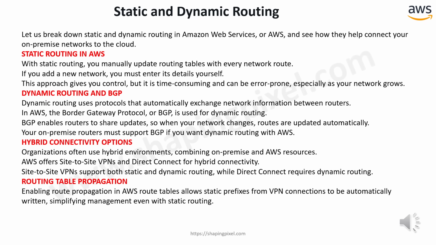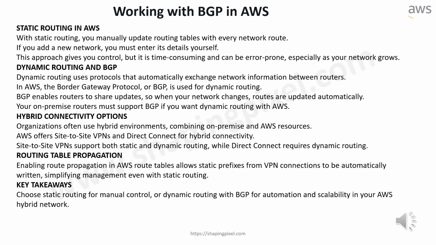Enabling route propagation in AWS route tables allows static prefixes from VPN connections to be written automatically, simplifying management even with static routing. Choose static routing for manual control or dynamic routing with BGP for automation and scalability in your AWS hybrid network.